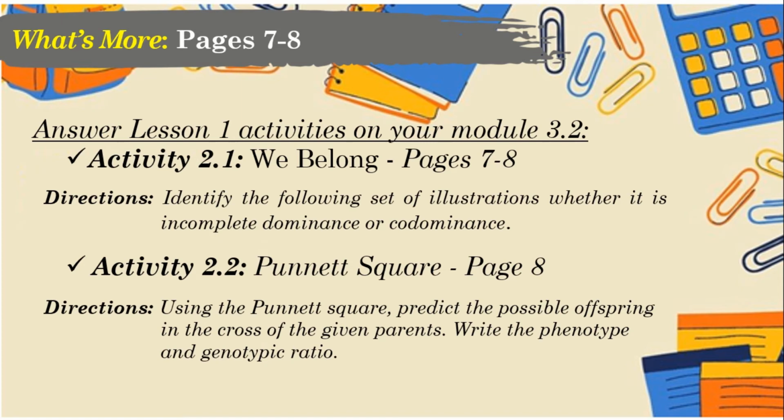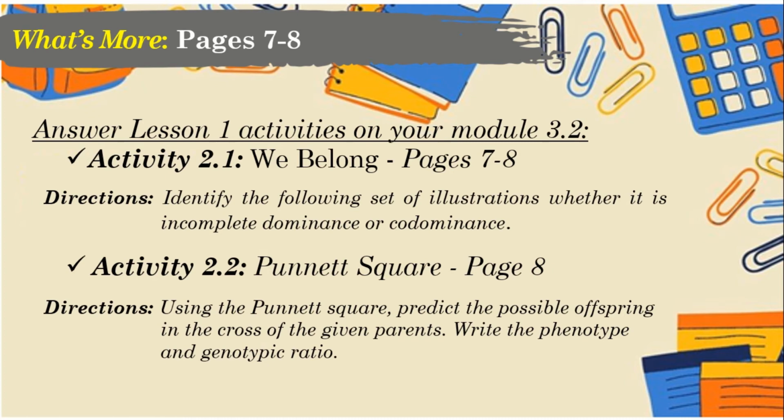So again, when we say incomplete, there is a new trait that is formed. When we say codominance, both will show up. Just write whether it is incomplete dominance or codominance.